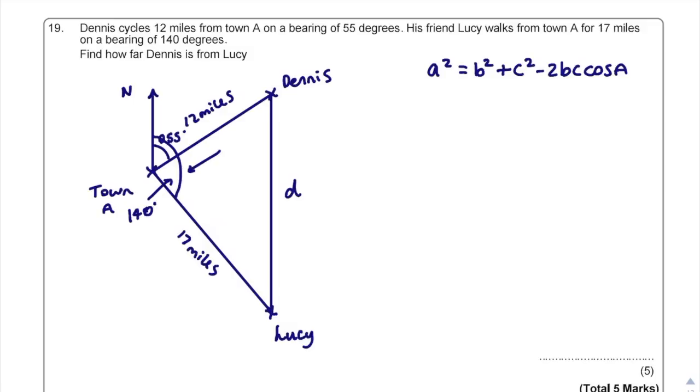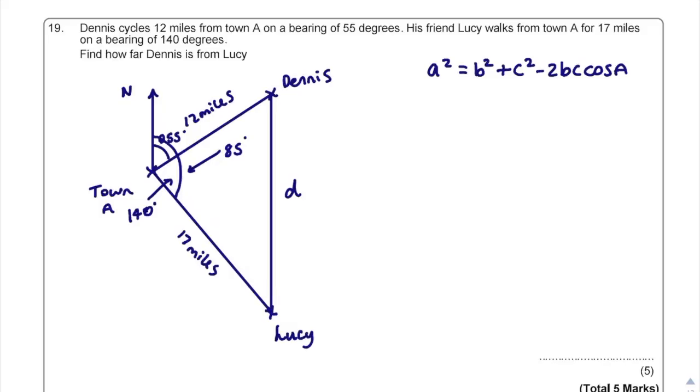Now, that's not too difficult because we know that Dennis cycled from town A on a bearing of 55 degrees and Lucy walked on a bearing of 140 degrees from town A. So we can actually work out this angle because it's just 140 minus 55, which is 85 degrees. So if we replace each of the variables A, B, C, and uppercase A with our values here, then we can work out what D is.